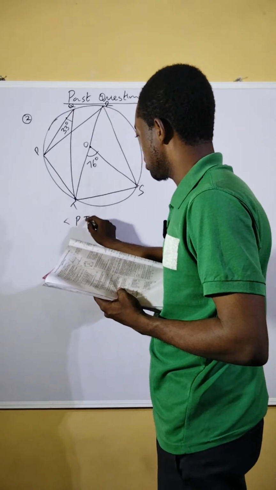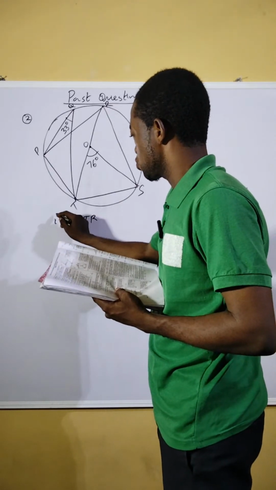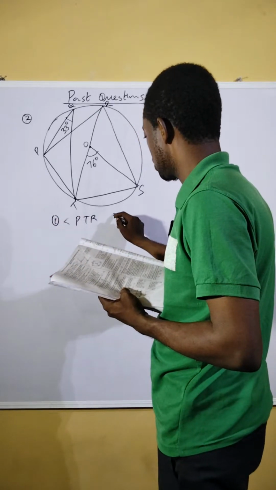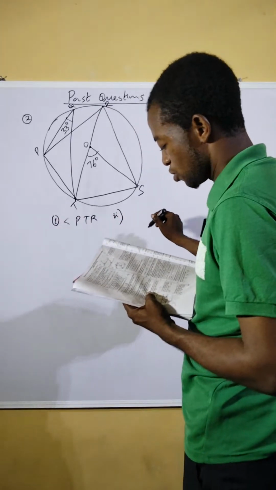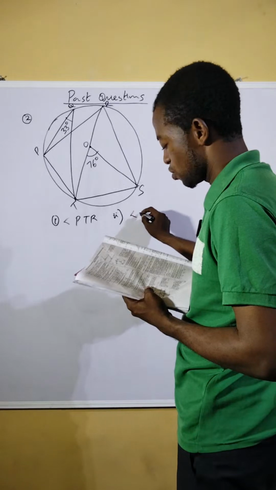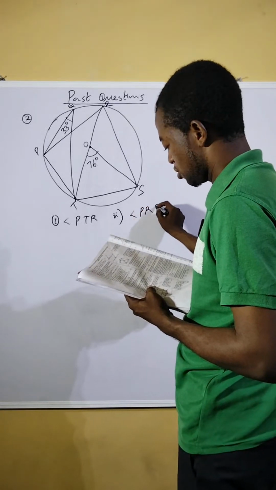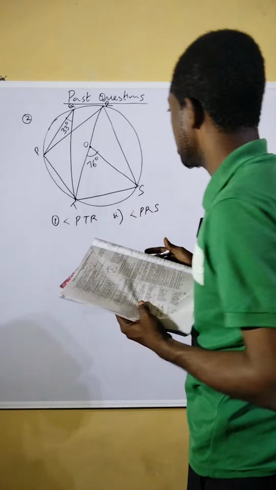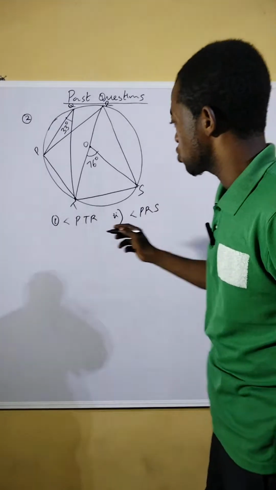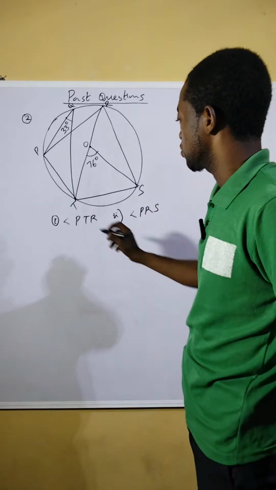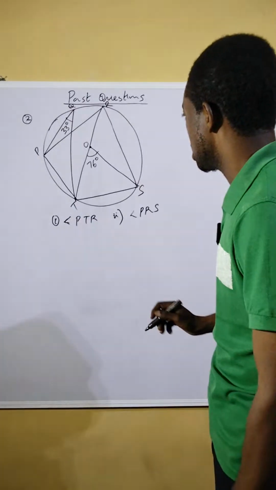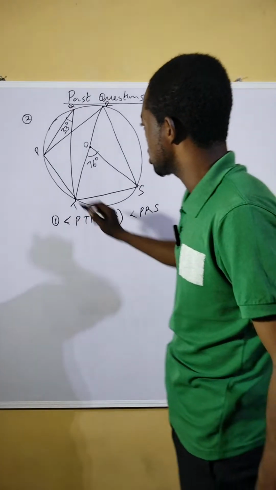So we are finding PTR. That's the first one. And also we are finding angle PRS. So you are solving two questions from here with this diagram. One, angle PTR. Where is PTR?